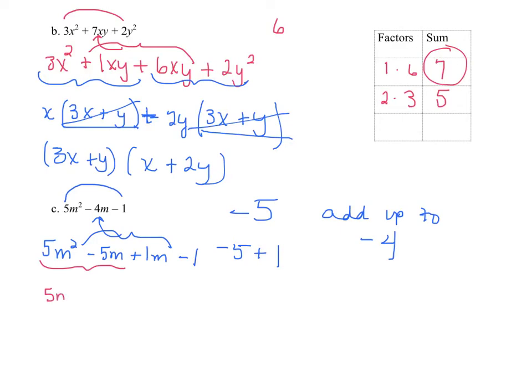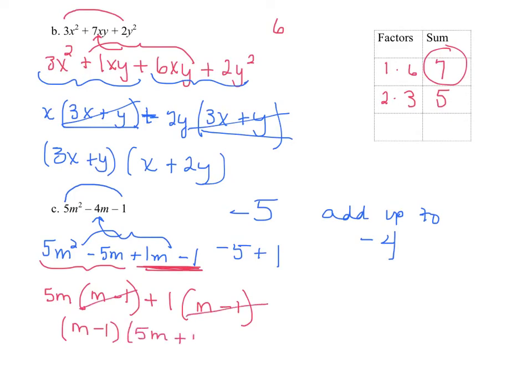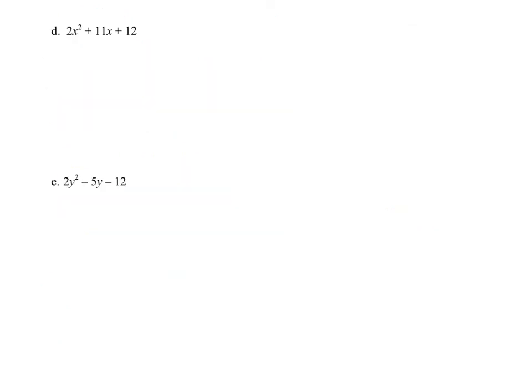I'm going to pull a 5m out, and I'm left with m, take away 1. Good. Now look, I have an m take away 1 right here, so I'm just going to pull out a 1. Cool? So we get m minus 1, he's gone, 5m plus 1. Done. A couple more using this method.